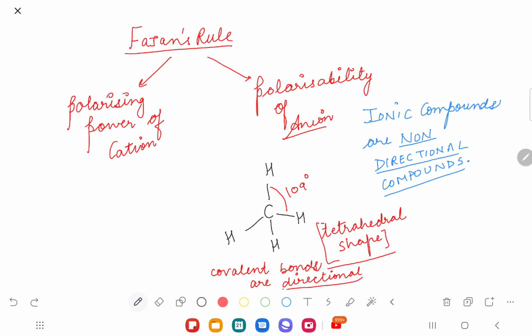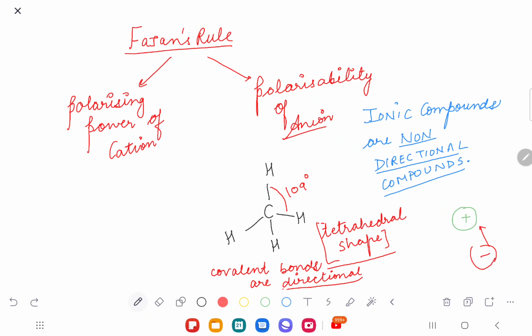But ionic compounds are different. If you have a cation right here, the anion might attract from this side, or the same anion might come from this side, or from this side. So there is no specific direction for the anion to approach the cation.